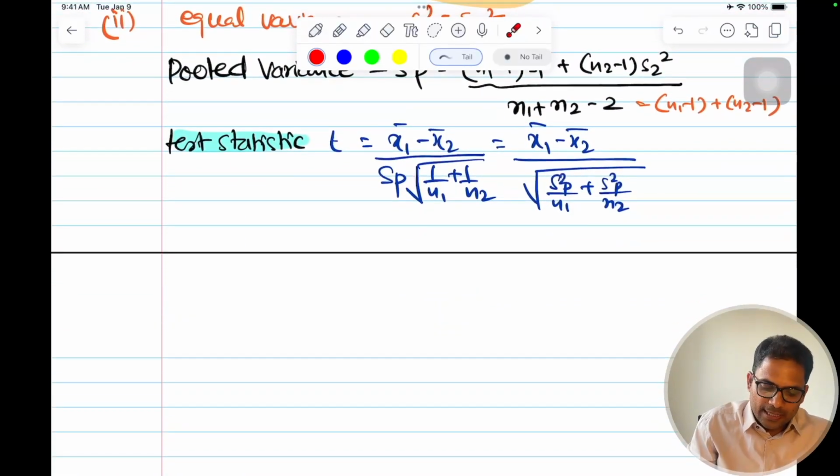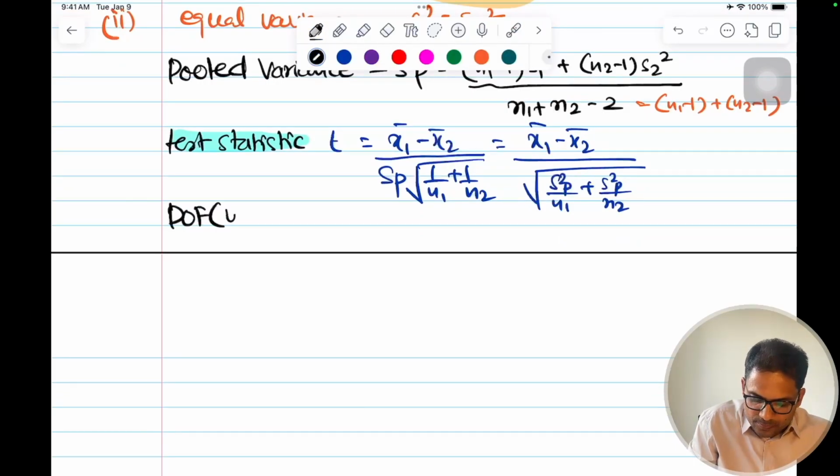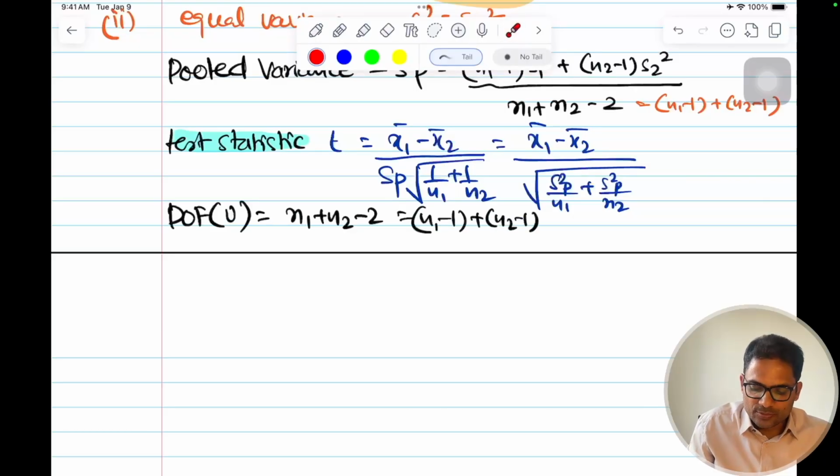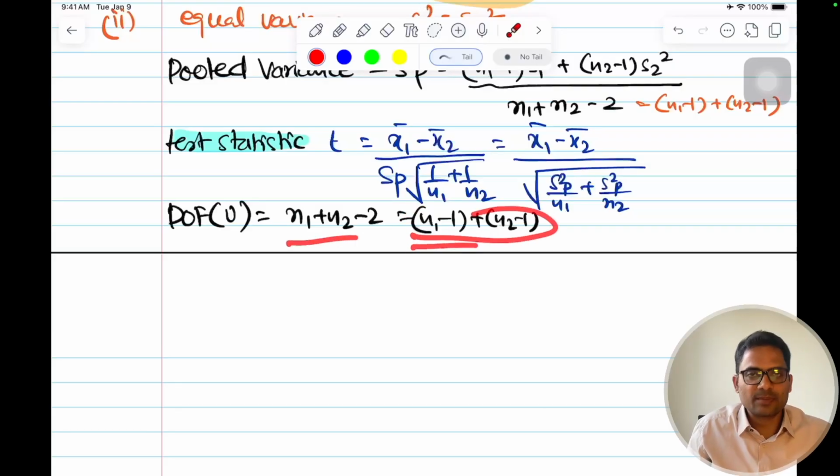And now the degrees of freedom v will be equal to n1 plus n2 minus 2, that is equal to n1 minus 1 plus n2 minus 1. That's what we have seen earlier in the one sample test also. So that's why it is coming like this.